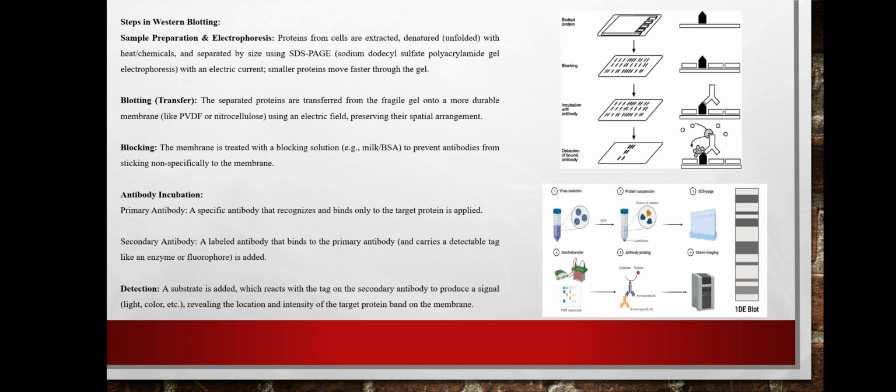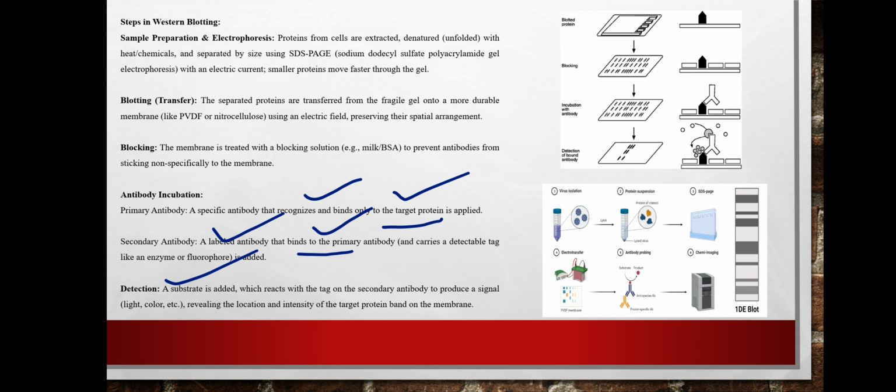These proteins are blocked using a blocking solution to prevent antibodies from sticking non-specifically to the membrane. Then antibody incubation: a primary antibody, a specific antibody that recognizes and binds only to the target protein, is applied, and then a secondary antibody, a labeled antibody that binds to the primary antibody, is added.